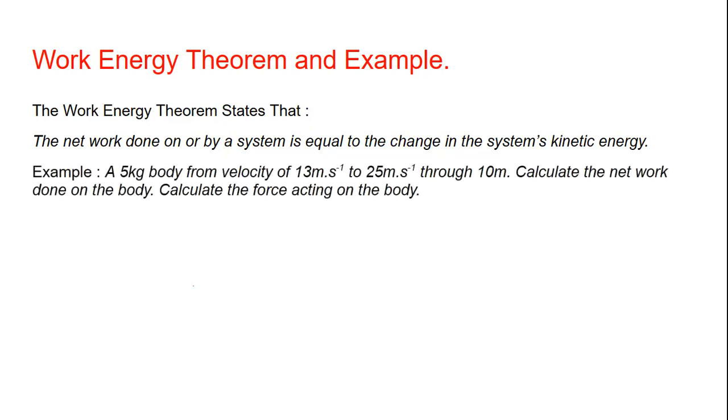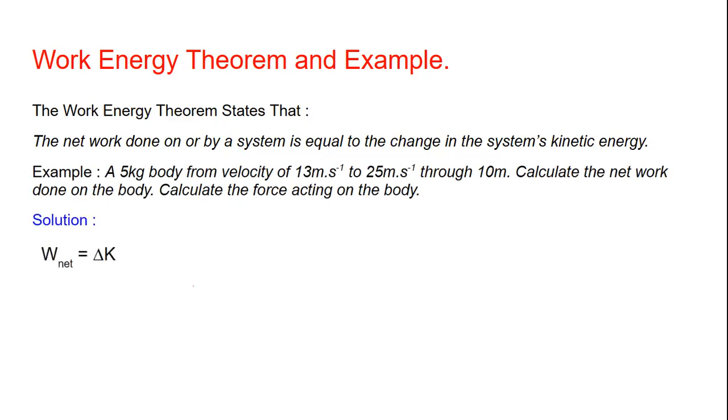So let's look at an example. A 5-kilogram body goes from a velocity of 13 meters per second to 25 meters per second through a displacement of 10 meters. Let's calculate the net work done on the body, and then we calculate the force acting on the body. So here's our solution.